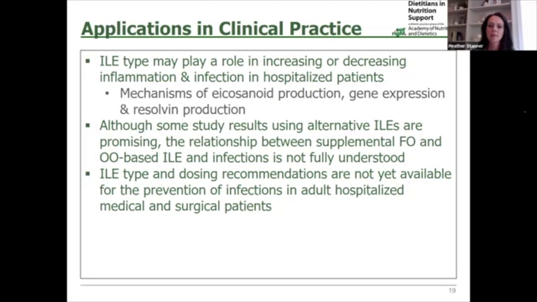And although some of the study results are promising in using alternative ILEs and decreasing infections in hospitalized non-critically ill patients, the relationship is not yet fully understood, and we do need more studies to solidify the benefit of decrease in infection and any potential types of ILEs.